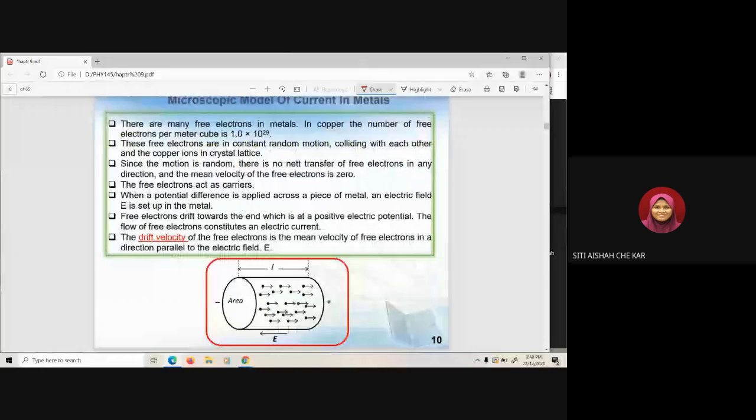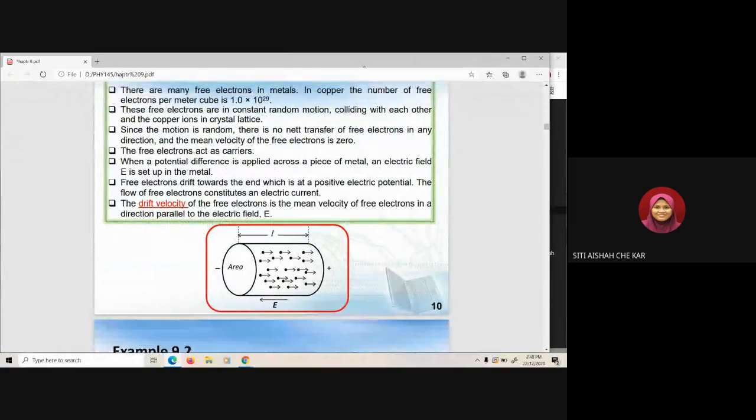Okay, this figure shows what actually happens, how to trigger the movement of electrons.